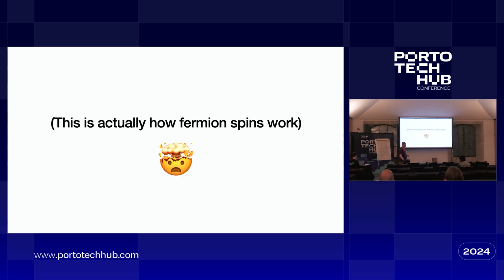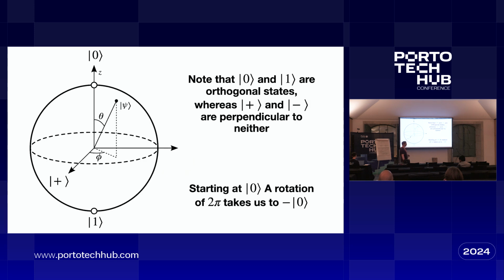I'm going to skip over that. Well, maybe I'm going to say it. Another super weird thing about this is if you make a 2 pi rotation. In ordinary space, if you make a rotation of 360 degrees, you get back the same state. On the Bloch sphere, if you make this same rotation, you get back the negative of the state.